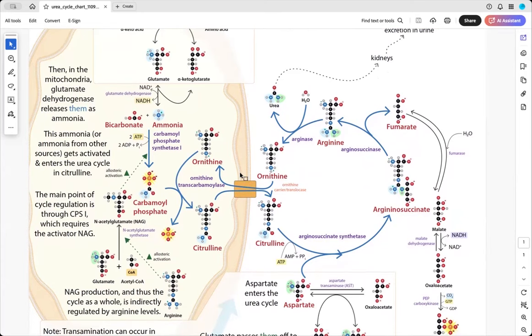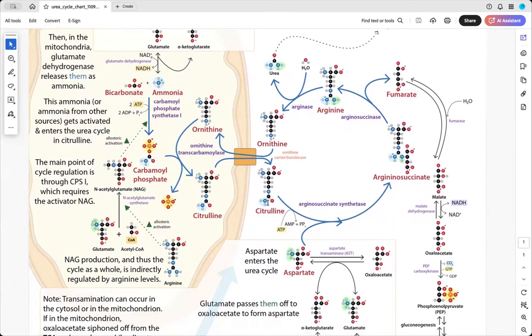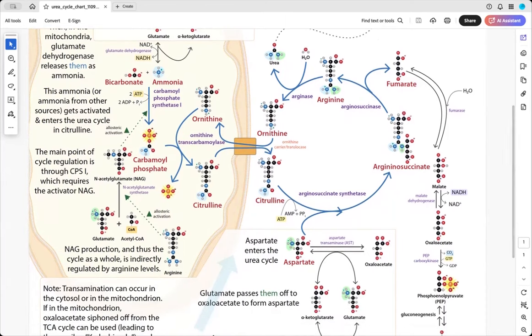Now the citrulline can transport out of the mitochondria, and this next part is going to happen in the cytoplasm. We're going to see this antiport, where citrulline is passed out and ornithine is passed in, through the ornithine carrier translocase. The citrulline now in the cytoplasm can join up with the amino group from aspartate, and we're going to do it in this really awkward manner using arginosuccinate synthetase. As the name suggests, we're synthesizing a molecule called arginosuccinate.